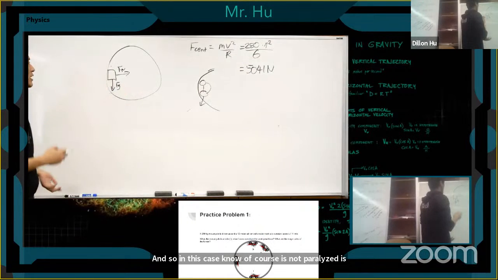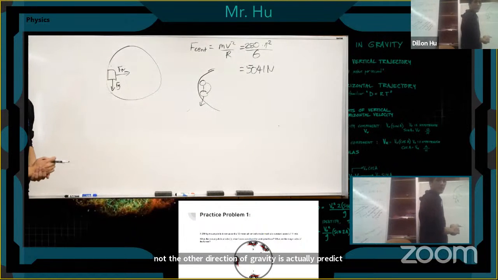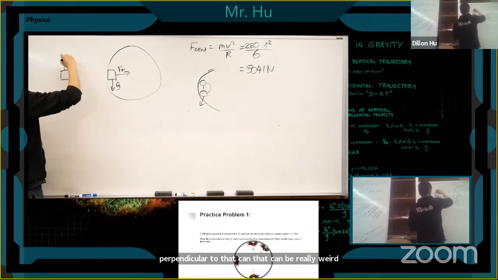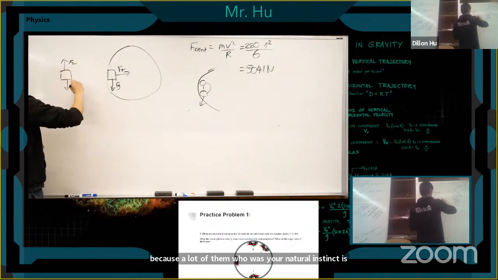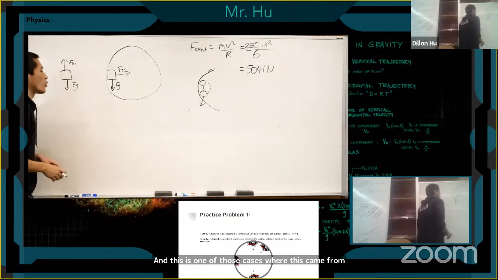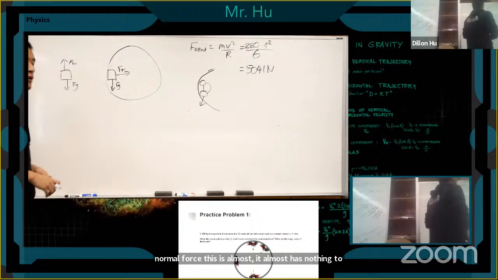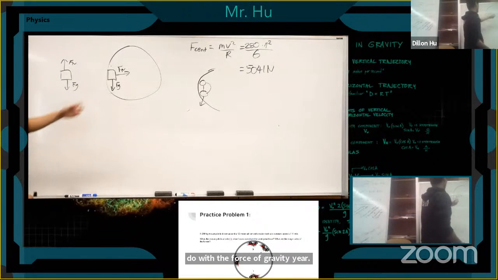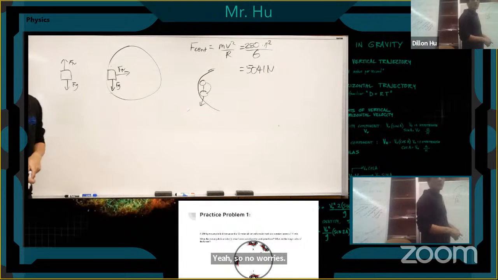It's actually perpendicular to it. I think that can be really weird because a lot of times your natural instinct is up as normal force, down as gravity. This is one of those cases where the normal force has almost nothing to do with the force of gravity. So the normal force is pushing us straight to the inside, and the force of gravity is going straight down.